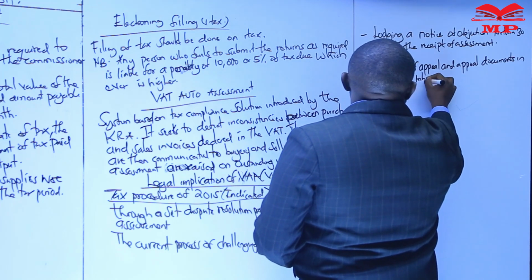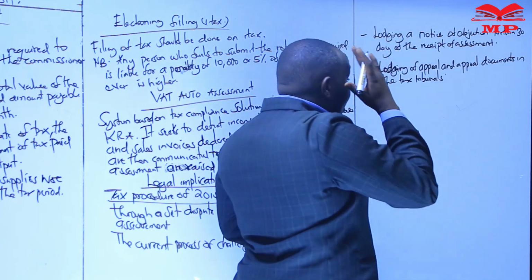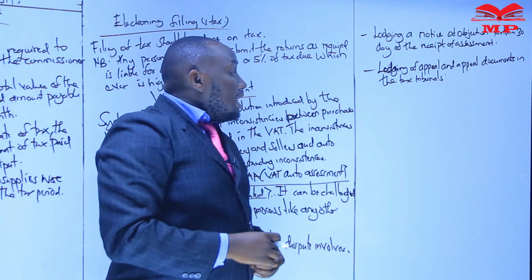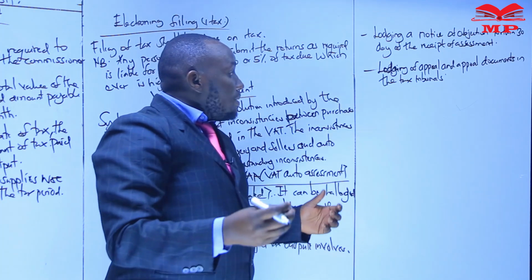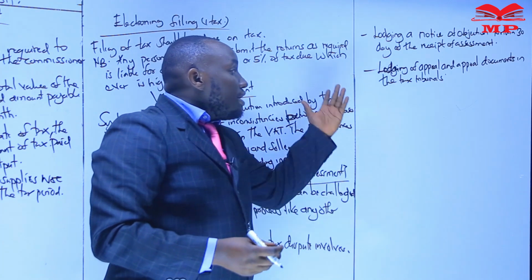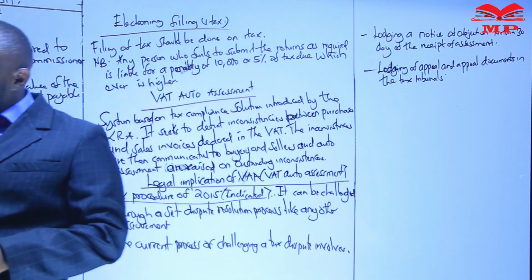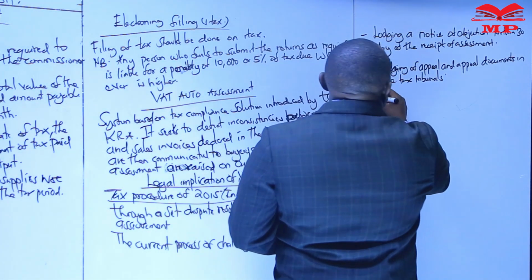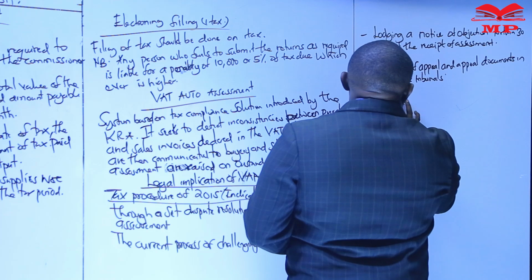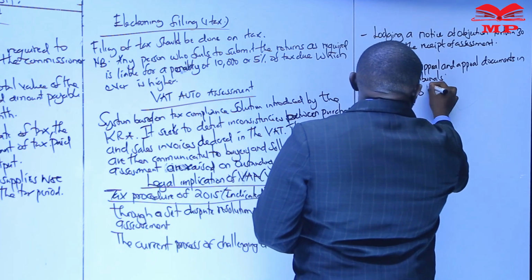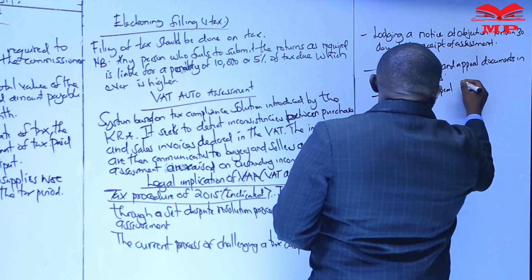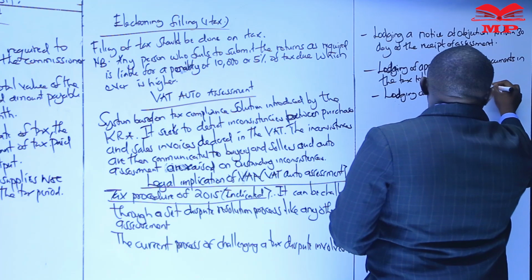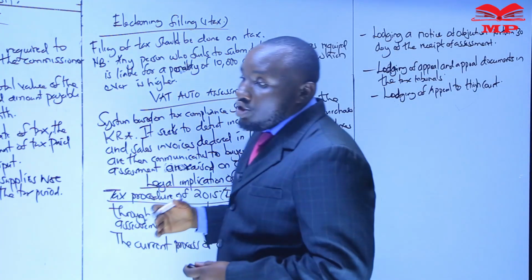When the commissioner is not able to give you a fair hearing, as a VAT taxpayer, you can lodge your appeal in the tax tribunal. And lastly, lodging of appeal at the High Court, if you are not able to get a fair hearing at the tribunal.